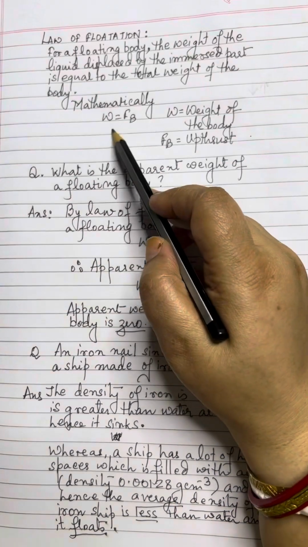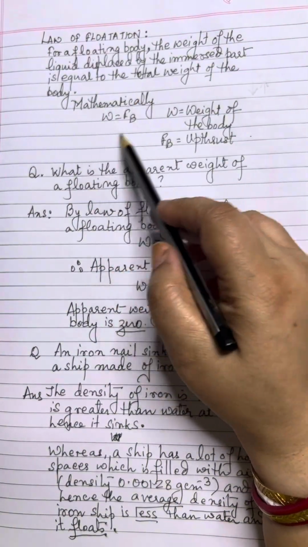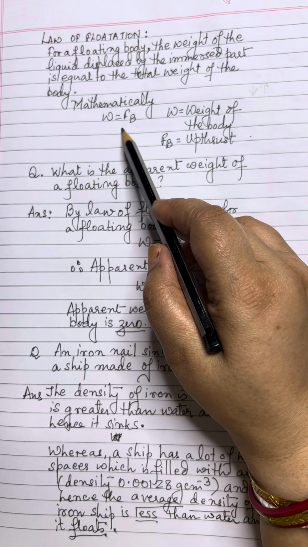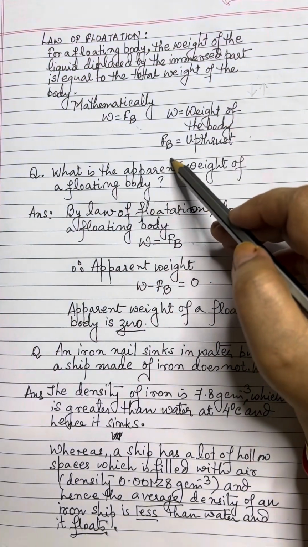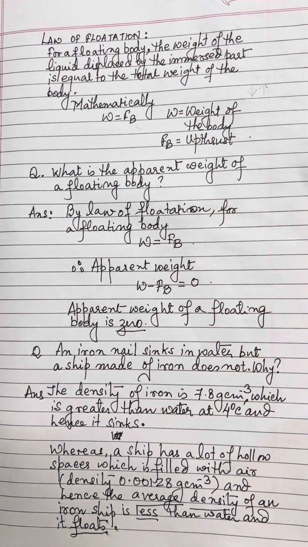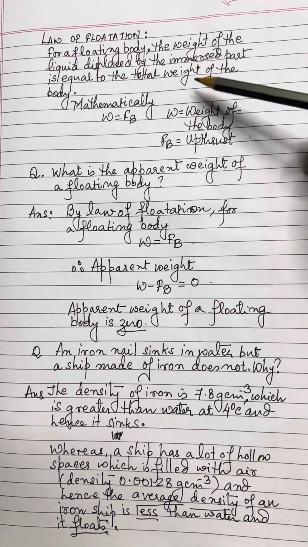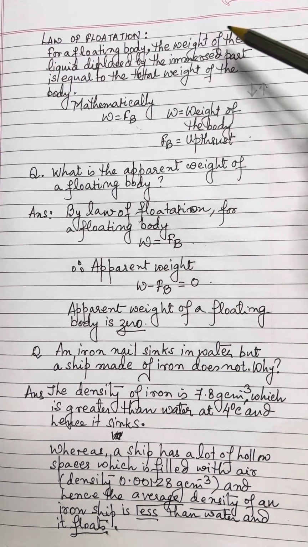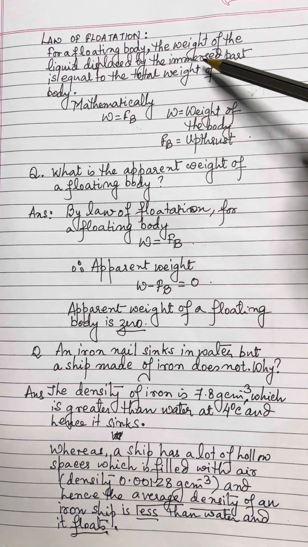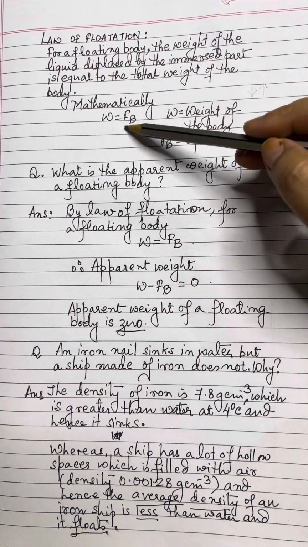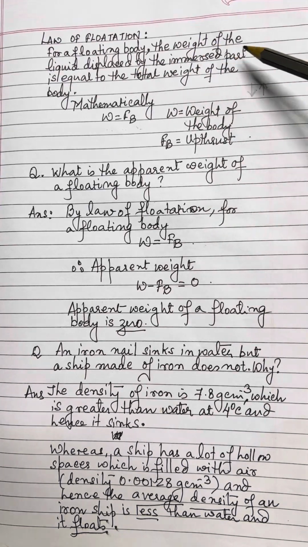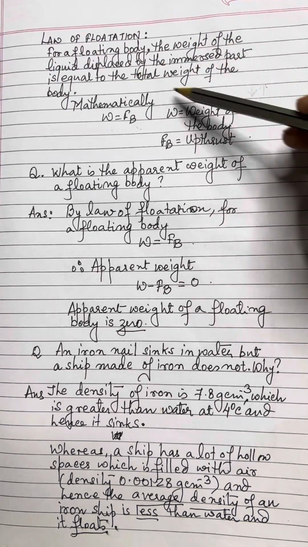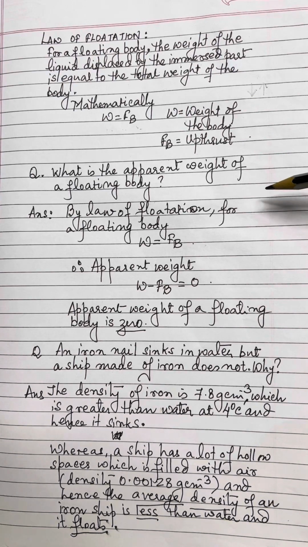So W must be equal to Fb, that is, mathematically we can say that W is equal to Fb, where W is the weight of the body and Fb is the upthrust. So the law of flotation states that for a floating body, the weight of the liquid displaced by the immersed part, what is Fb? It is the weight of the liquid displaced by the immersed part is equal to the total weight of the body.